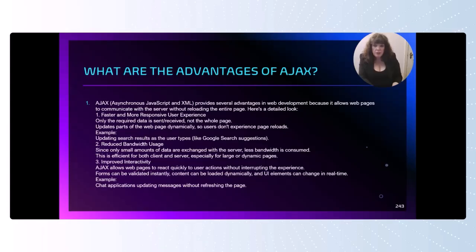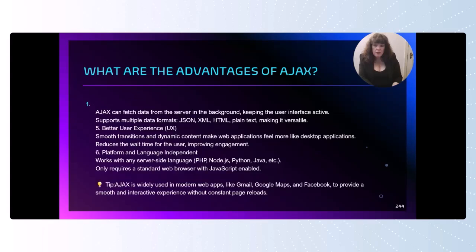It gives a faster and more responsive user experience, reduced bandwidth usage, and improved interactivity. It can fetch data from the server in the background, keeping the user interface active. It's a better user experience, with platform and language independence.